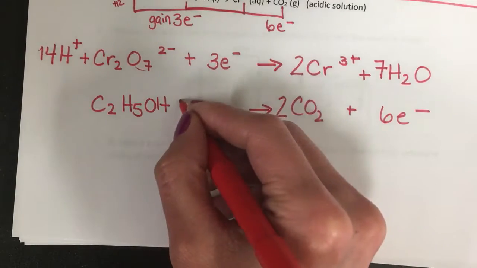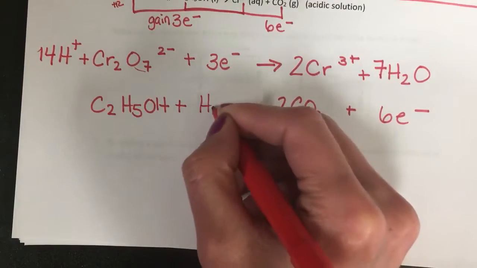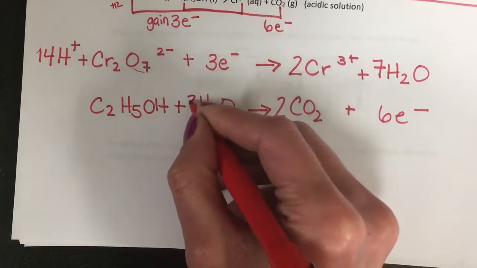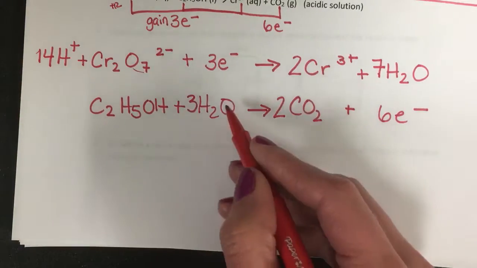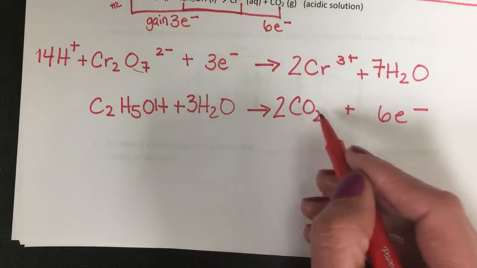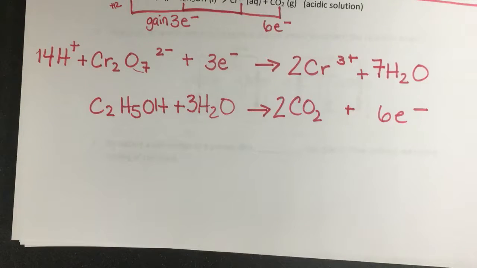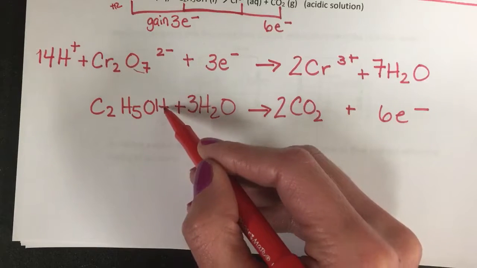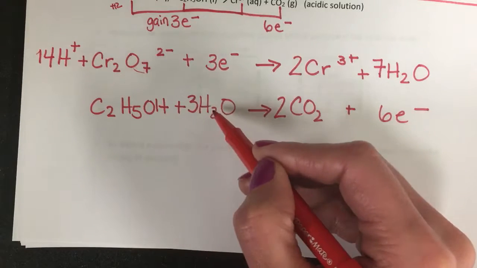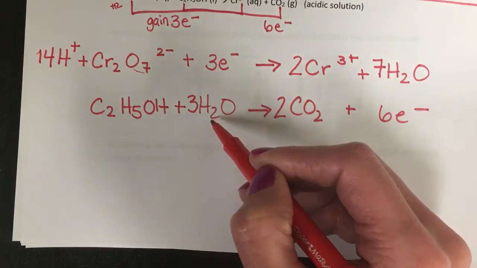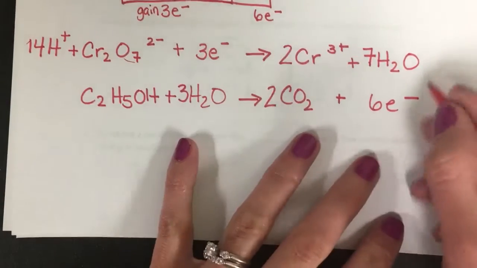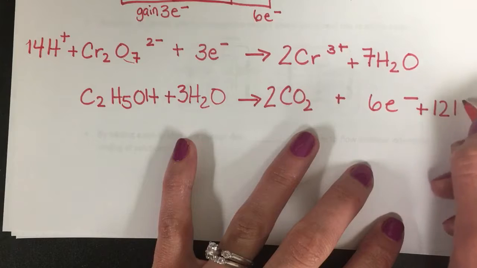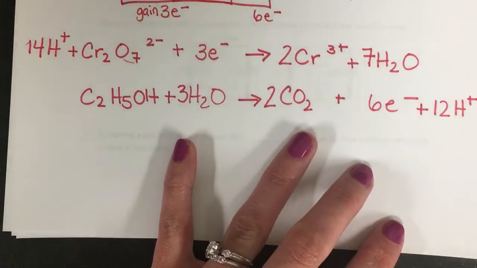So I need 3 more O's. 3, 4, 4. Okay? Now I have to keep track of my H's. I've got 5 H's here, plus 1 makes 6. 3 times 2 is 6, so I've got 12 H's. I need to put them on this side.